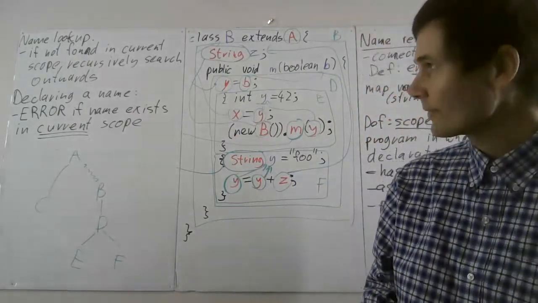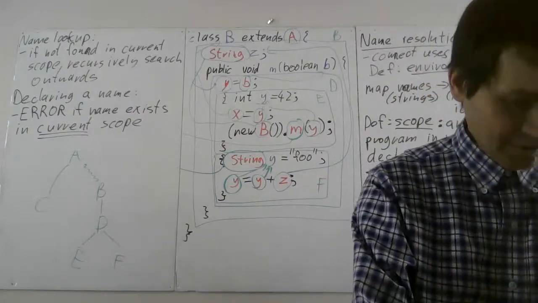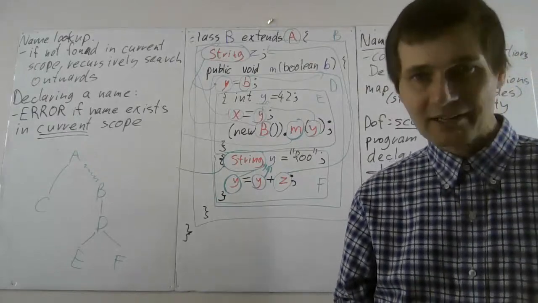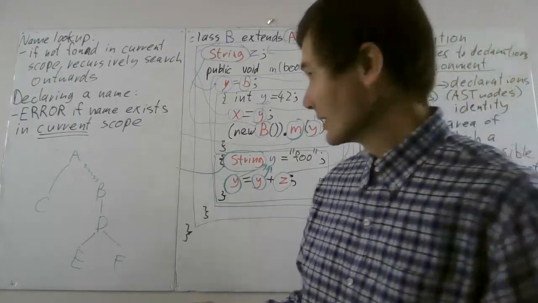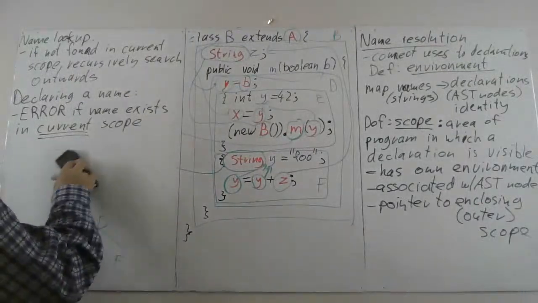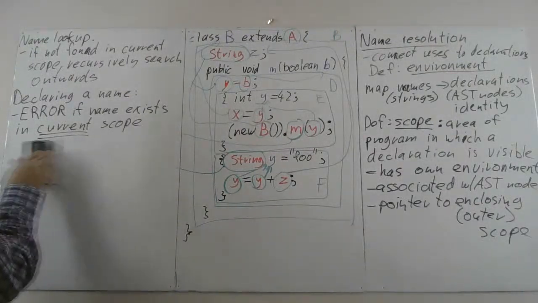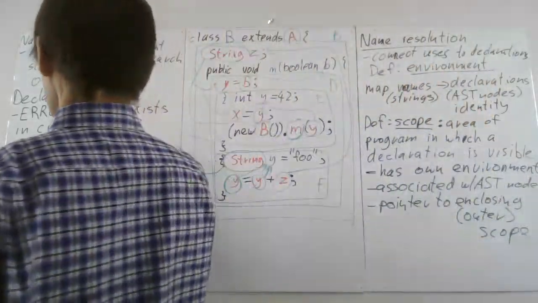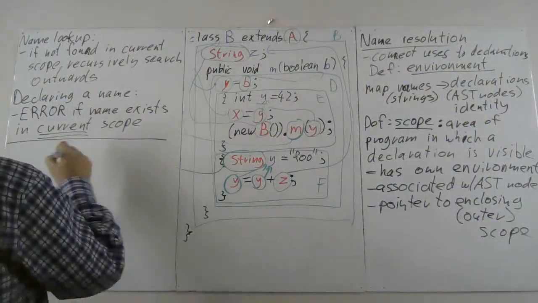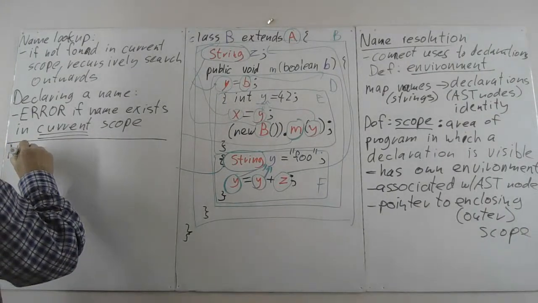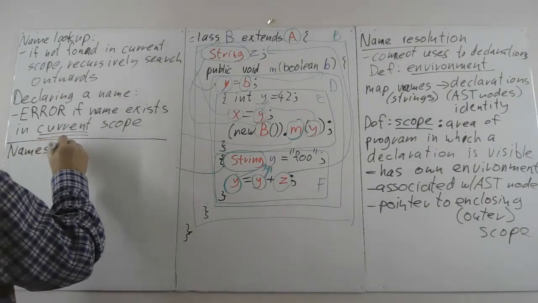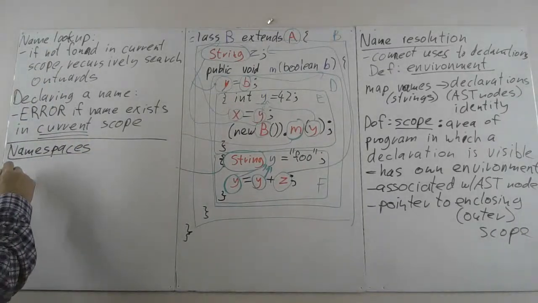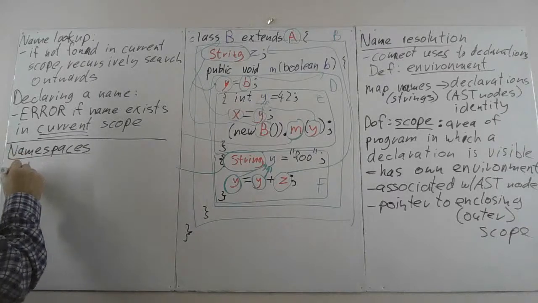So that's a difference between looking up a use of a name and declaring a name. There's one more general concept before we look at how we're going to implement all this, and that concept is namespaces. So here's a little Java example.